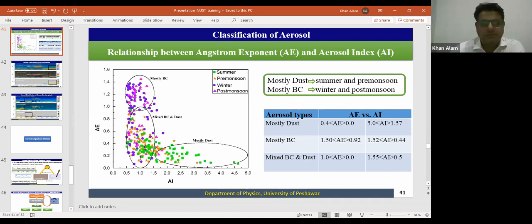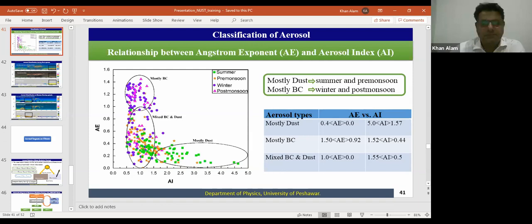So we have only the local sources of aerosol, like industrial emissions, vehicular emissions, and maybe some domestic sources. We burn wood for cooking purposes as well. And that's why we have a high black carbon concentration in the winter.